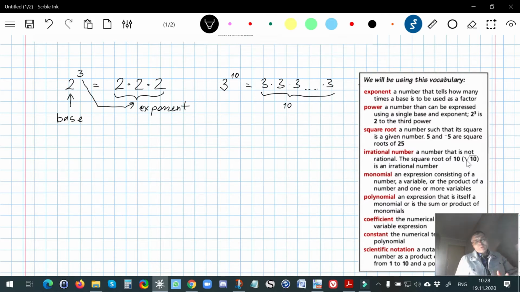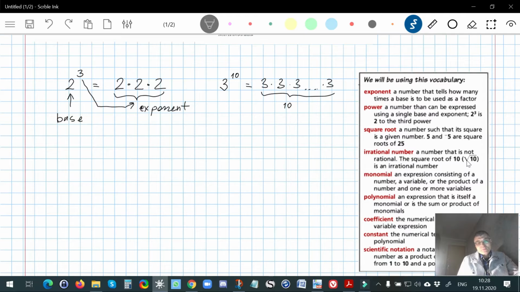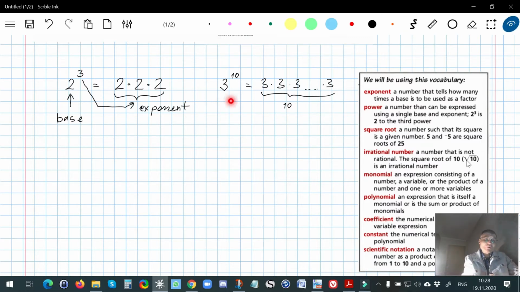I'm sure you remember that, but I want to feel safe in further considerations. What I wanted to tell you is that modern maths is about efficiency and speed, and here we see that it's much faster to write this object than to repeat 3 ten times.